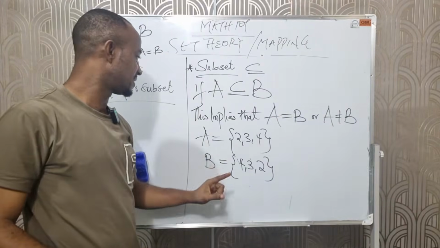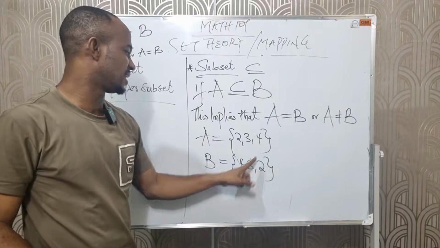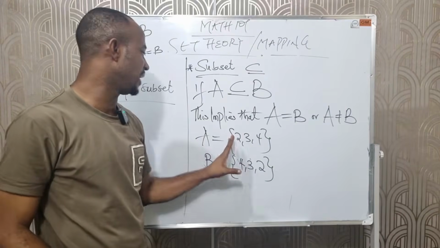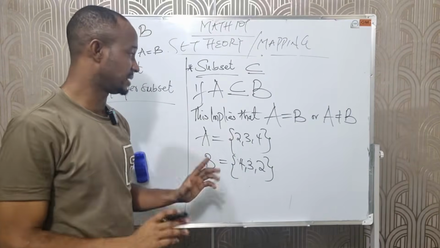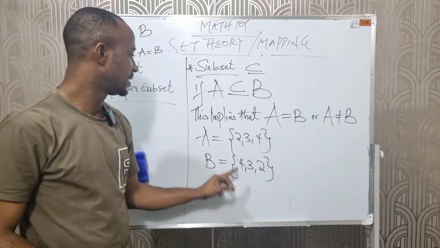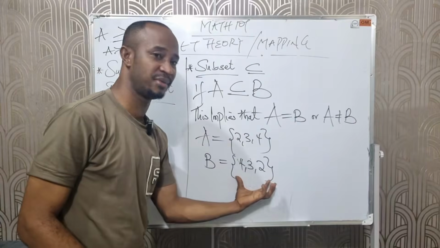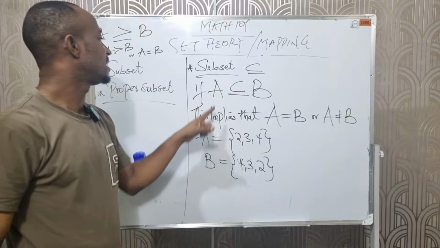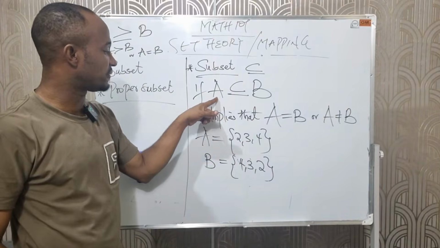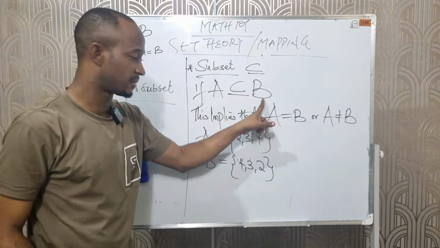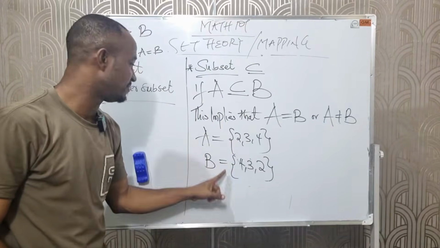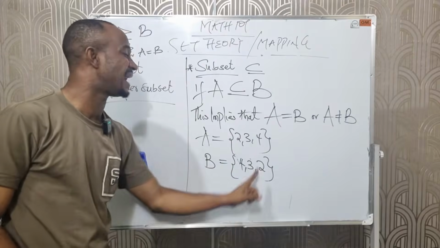You will find that every element in A is also in B, although A and B are equal, right? A is equal to B. That means since every element in A is also found in B, A is a subset of B. Since every element in A is in B, every element in B is also in A.